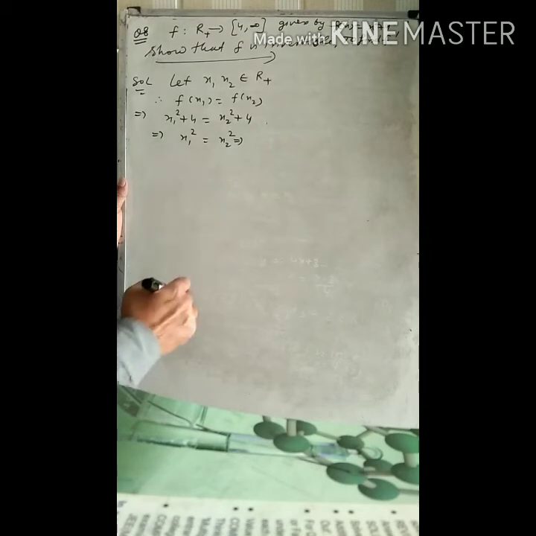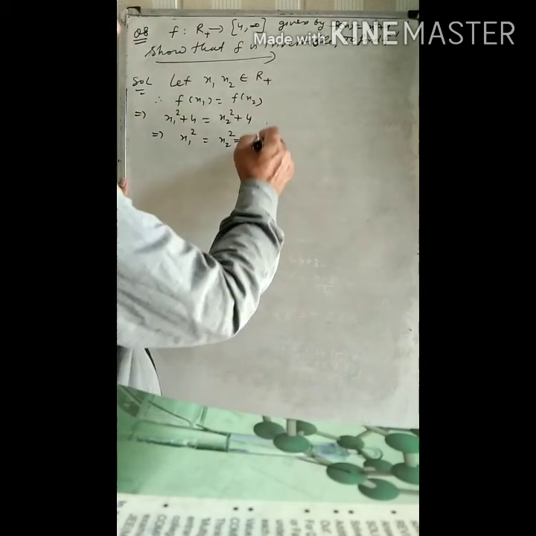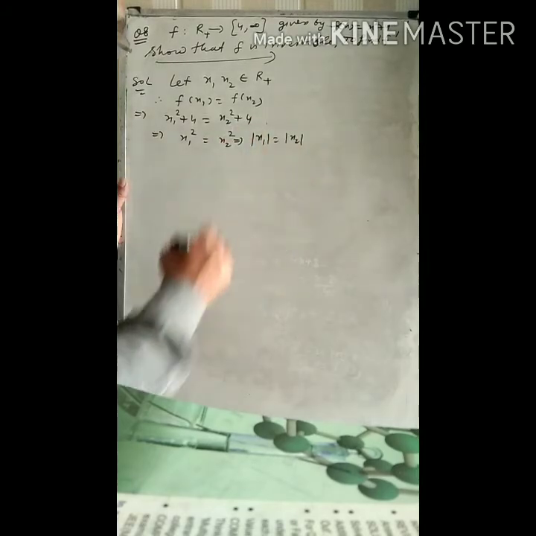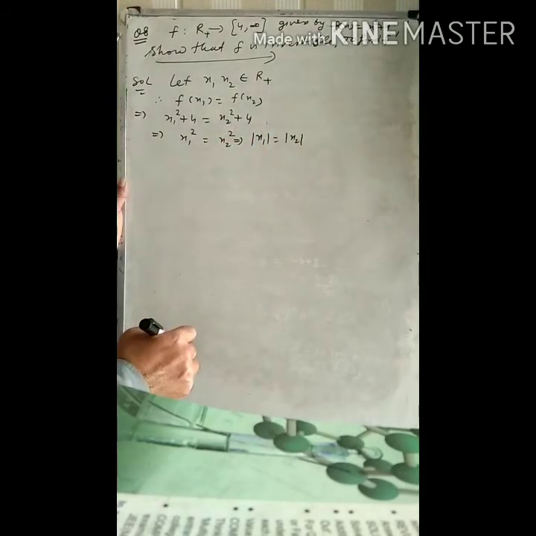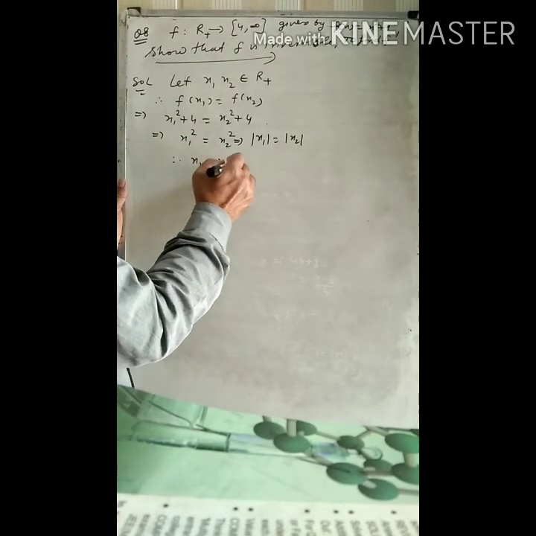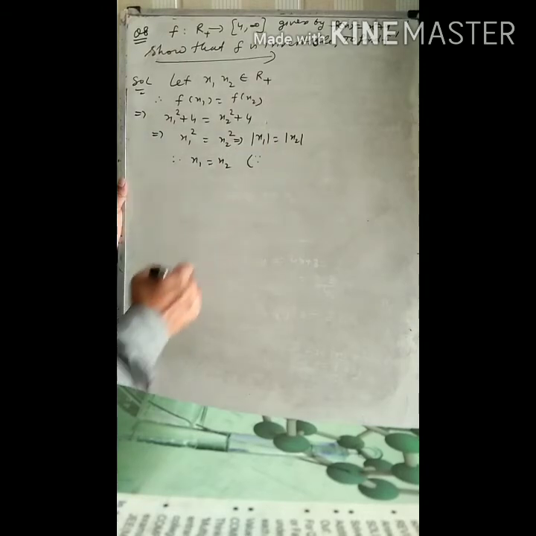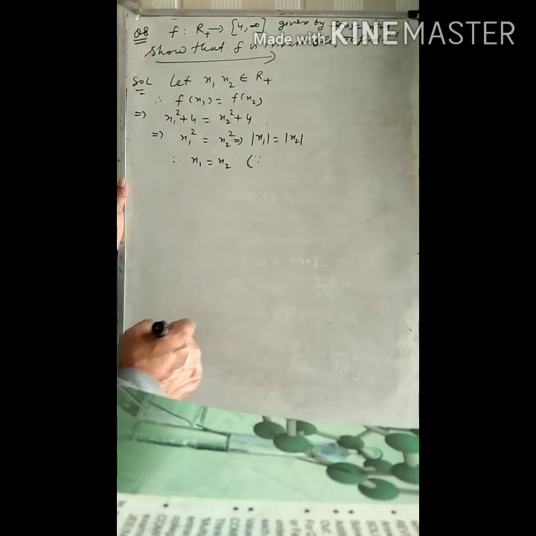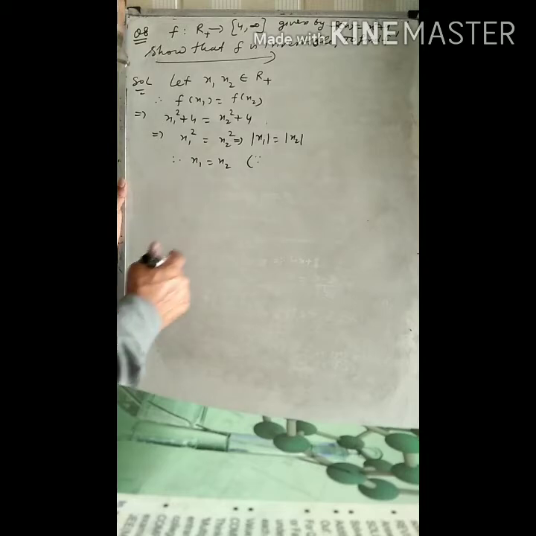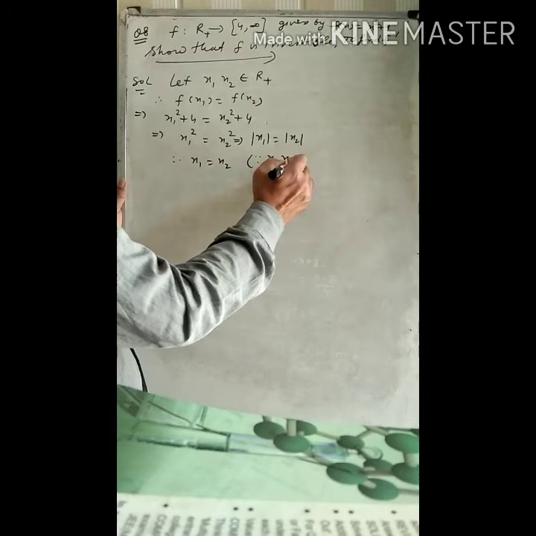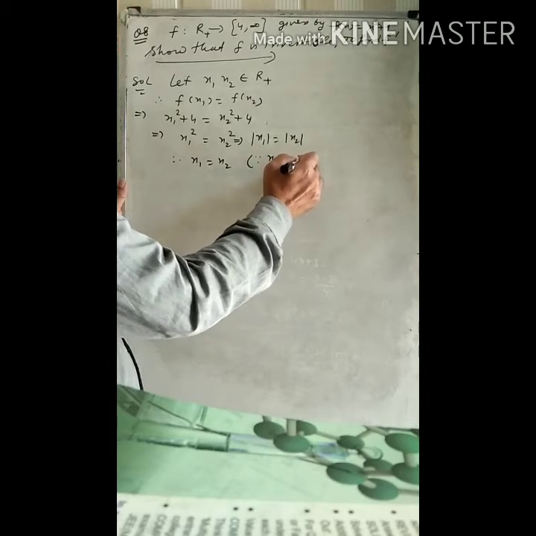This implies magnitude of x1 is equal to magnitude of x2. Therefore x1 is equal to x2 because x1, x2 are greater than or equal to 0.